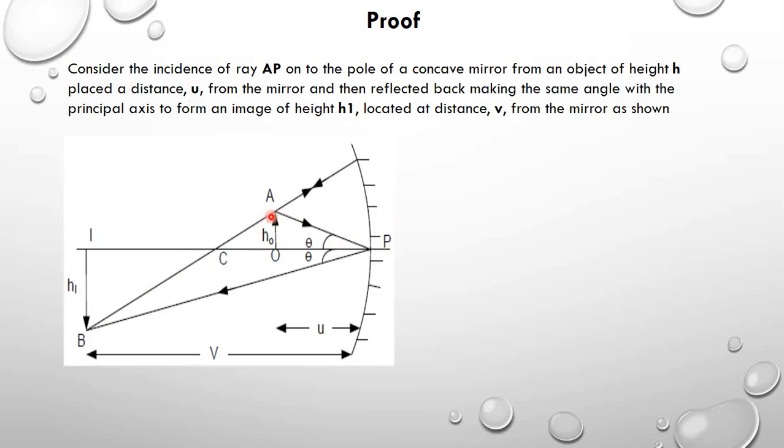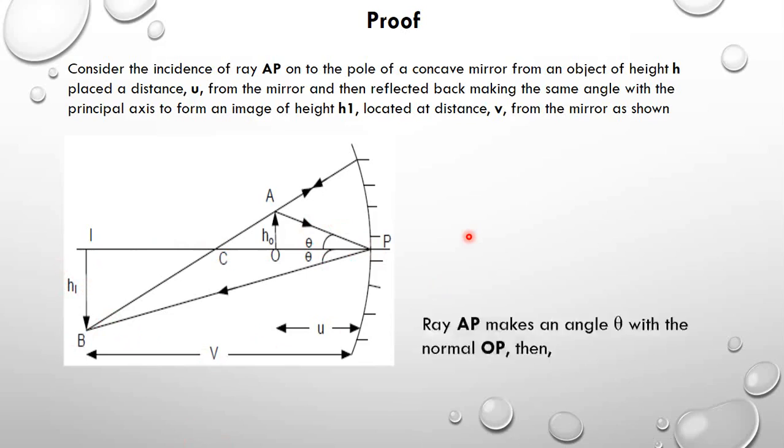If you consider the triangle OAP, we shall get tan theta as opposite, which is h naught, over adjacent, which is OP, which is the same as u. And if you use the triangle IBP, we shall also get tan theta as opposite, which is h1, over adjacent, which is v.